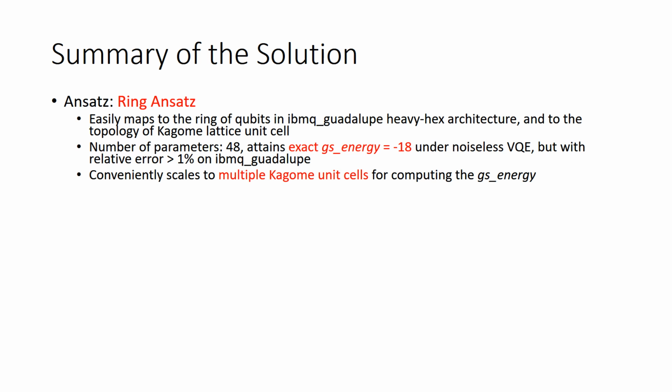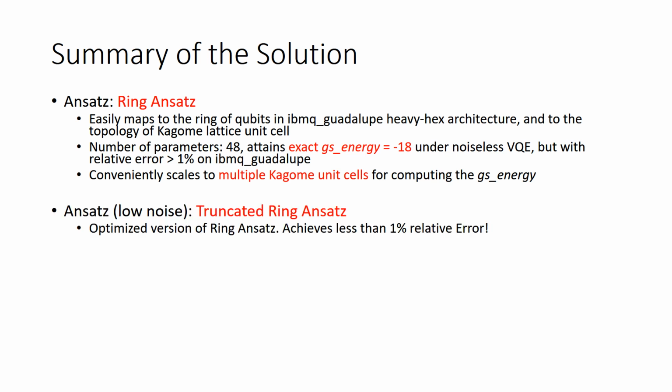The circuit has 48 parameters and it attains the ground state energy exactly minus 18 under noiseless condition by running the variational quantum eigensolver. On the real hardware, however, the relative error is in excess of 1%.